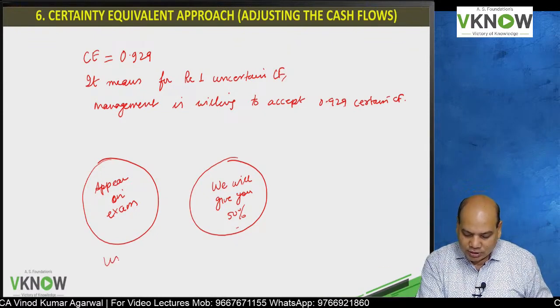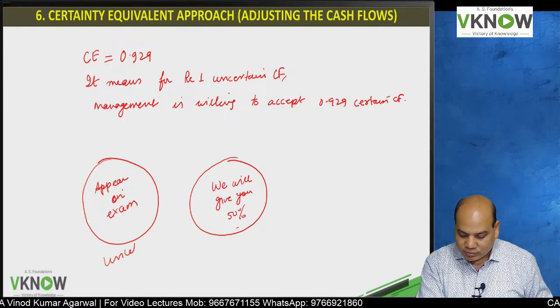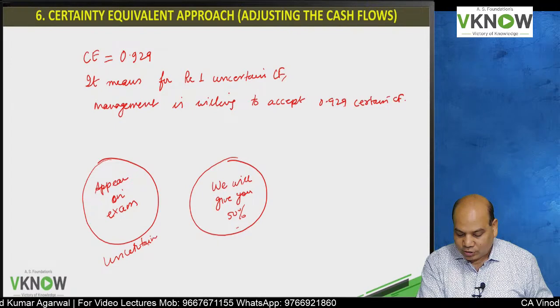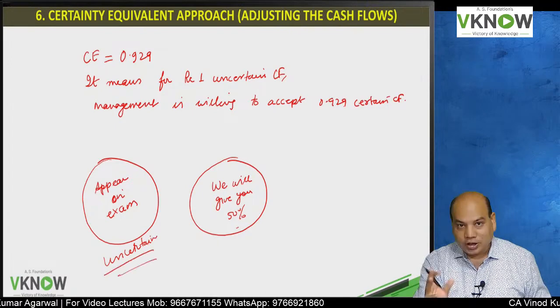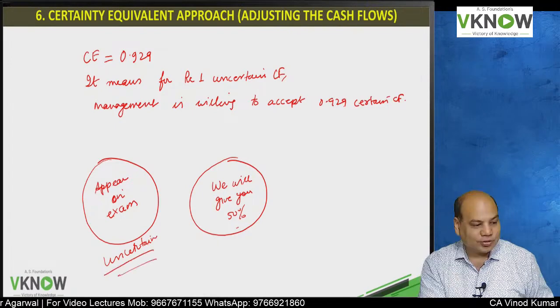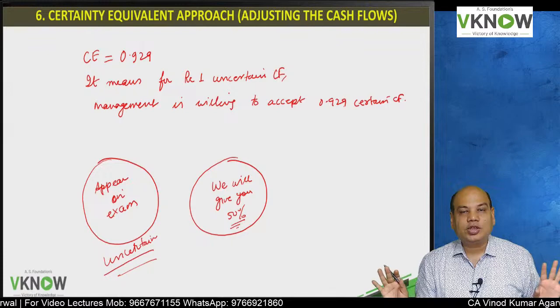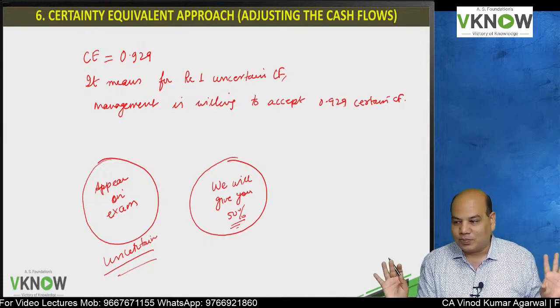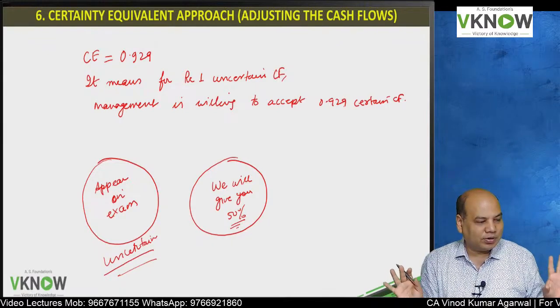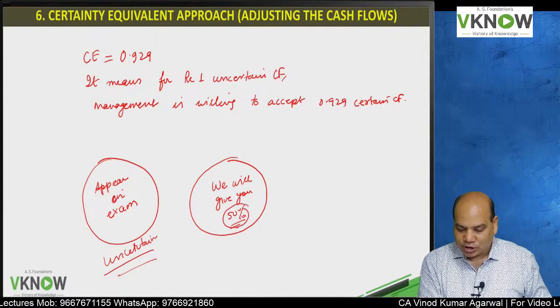This is uncertain, which you can get 70 also, 80 also, 90 also, but against this, if the institute is willing to give you 50, you say yes, I am happy with 50, then this becomes a certain cash flow.